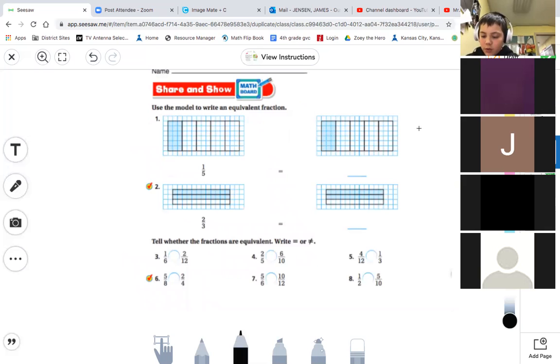Okay. What I want everybody to do now is go into Seesaw and bring up this assignment. So everybody go there. This includes you, Christian. Go into Seesaw and go into this assignment.